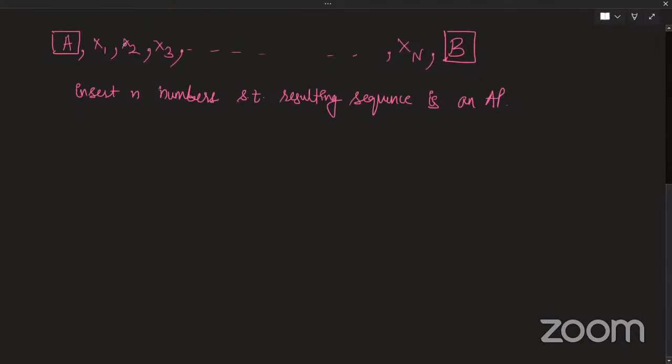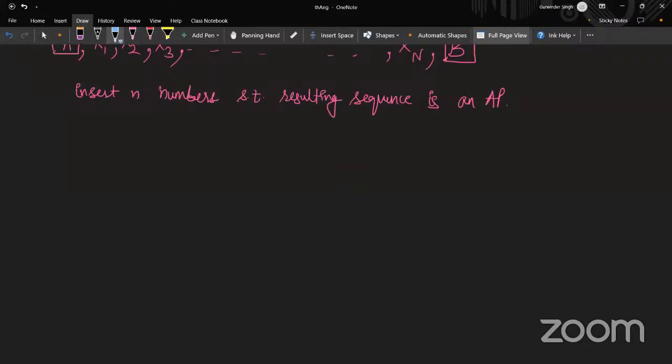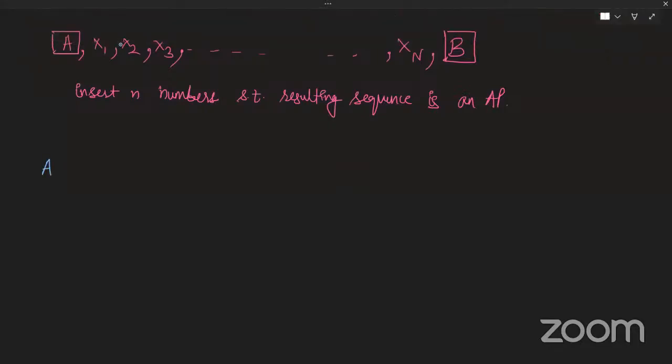So just think of it in this way. I have numbers A and B. When I am inserting n numbers between them, the distance between these two numbers is actually getting divided n plus 1 times.